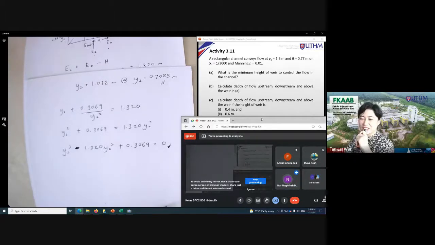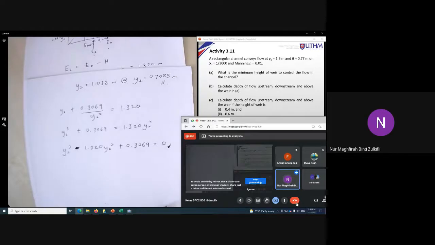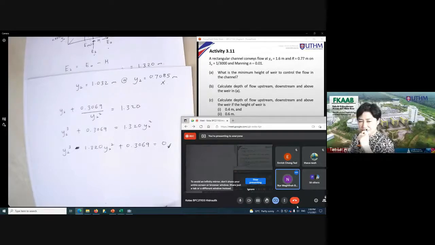Lepas tu ambil degree, lepas ambil degree tu tekan yang 3 tu. Lepas tu yang A tu masukkan nilai 1. Yang B tu nilai negatif 0.1320. Lepas tu C tu kosong, D tu 0.3069. Lepas tu dapat. Okay, thank you.